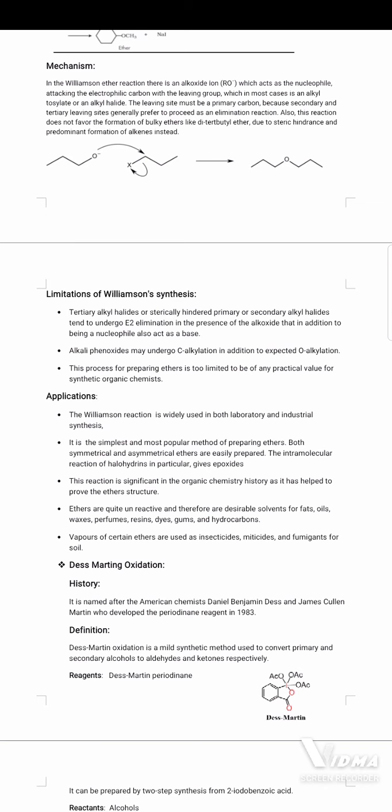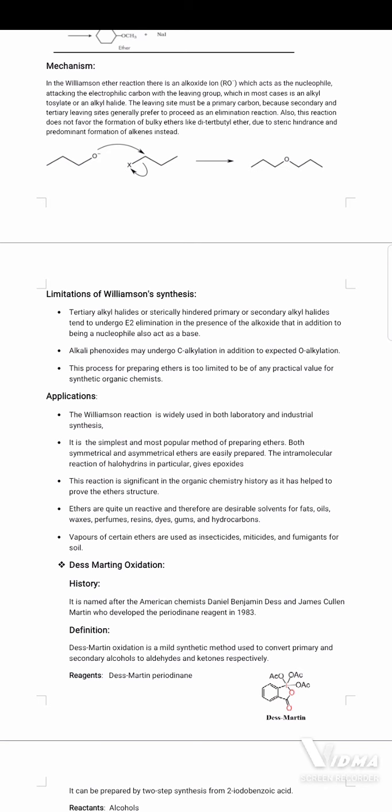Next are the applications of the Williamson synthesis reaction. Basically, the Williamson synthesis reaction is widely used in both laboratory and industrial synthesis. This reaction is significant in organic chemistry history as it has helped to prove the ether structure. It is the simplest and most popular method of preparing ethers. We can prepare symmetrical and asymmetrical ethers by using this process.